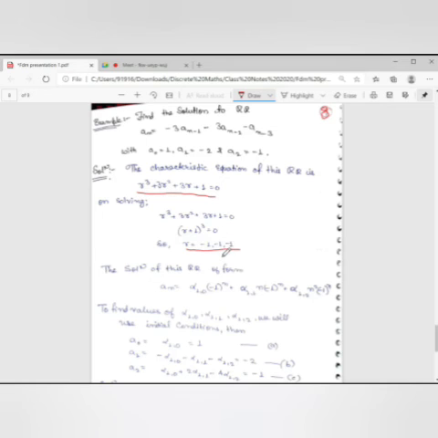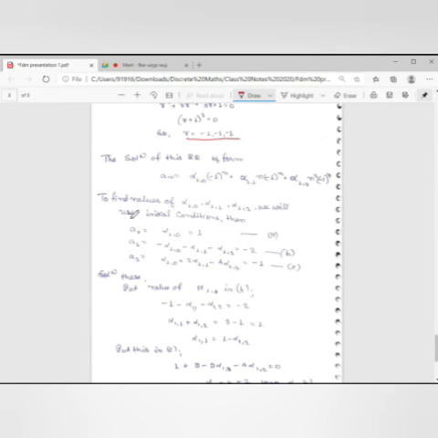If we get r = -1 and -2, we will write it in the form an = alpha 1,0 (-1)^n + alpha 1,1 n (-1)^n + alpha 2,0 (-1)^n + alpha 2,1 n (-2)^n. Now here we have only a single value in multiple ways.